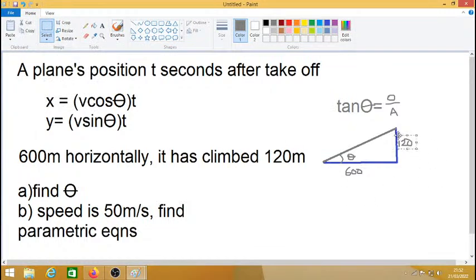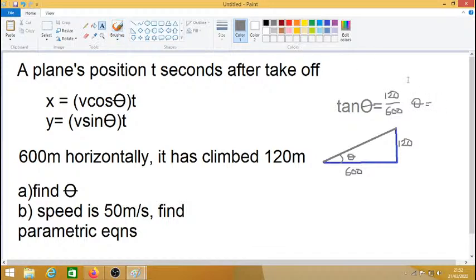So you can take the 120 and put that in place of the opposite, and you can take the 600 and put that in place of the adjacent. And then if you inverse tan that on your calculator, then you should get theta. I'll give you a second to do that.